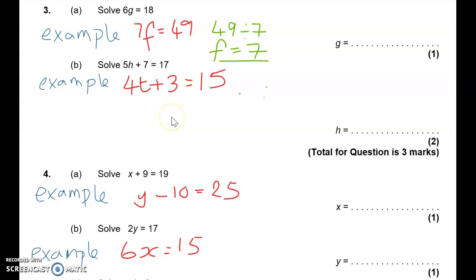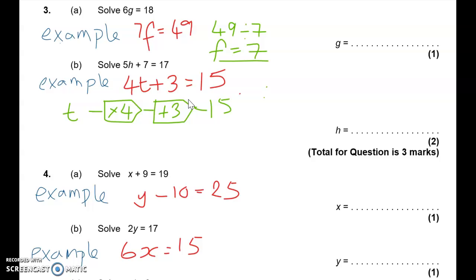So I can write that as a function machine. I start off with t. I've then got my function box. I'm going to times it by 4. This is how you can practice finding the answer, in other words, putting different values of t in to get 15 out.